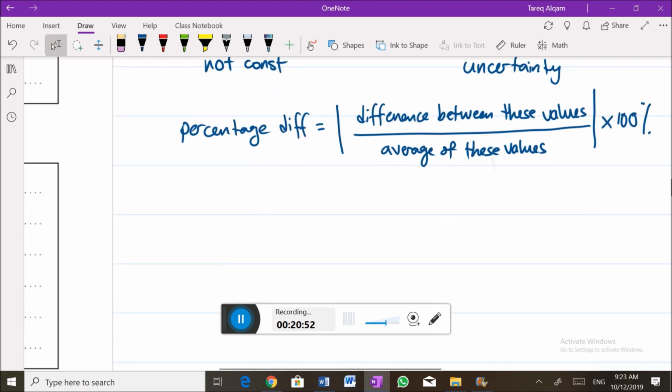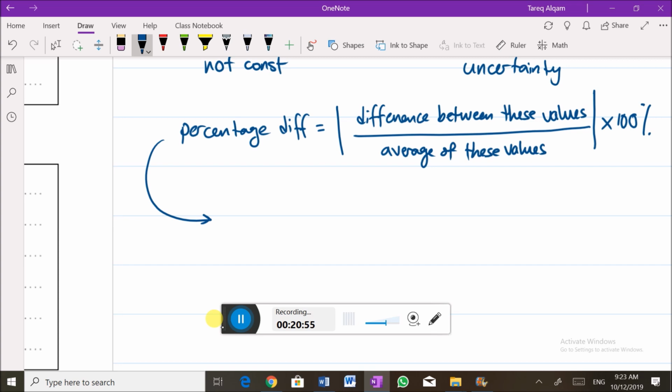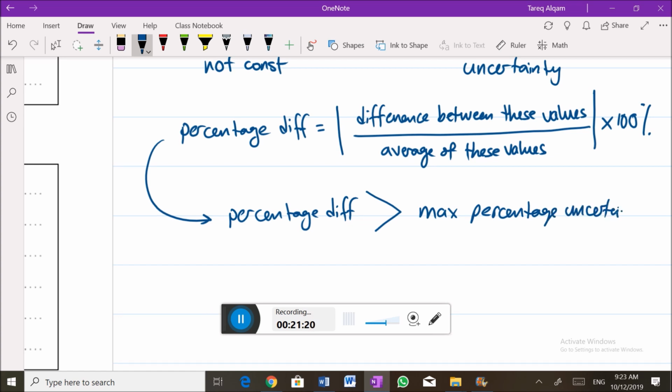If this percentage difference is greater than the maximum uncertainty or percentage uncertainty, this is a real difference.